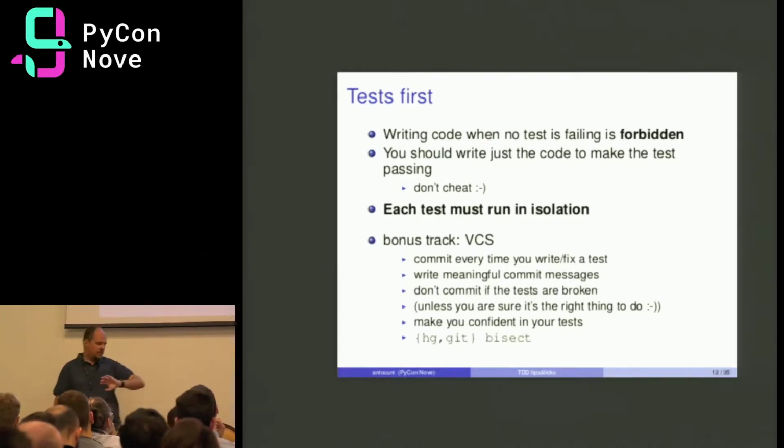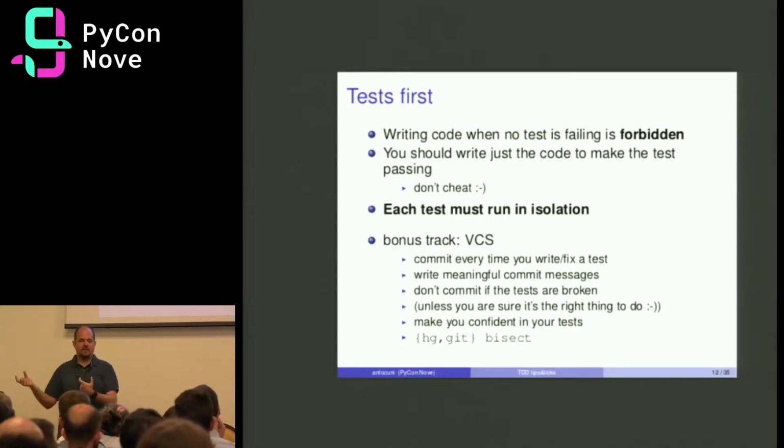The good point of doing this is that it integrates very well with the version control system. For example, every time you write a test and the corresponding fix, you do a commit. So in the same commit, you see what the code is and what the code is supposed to do.